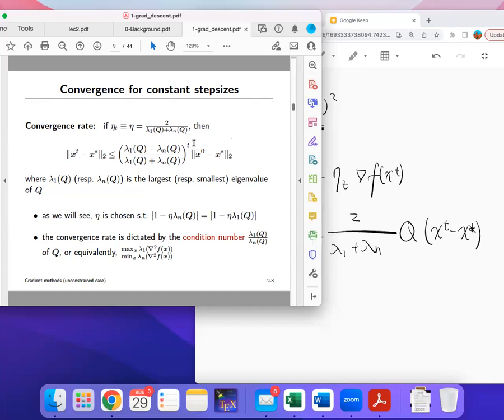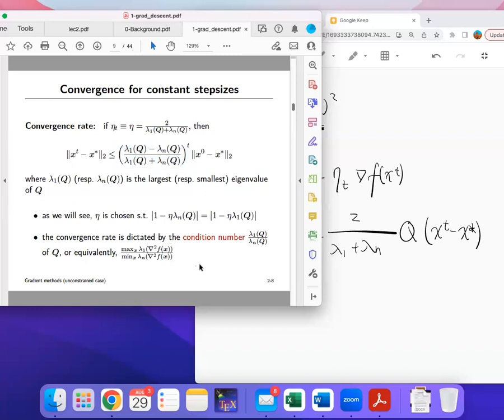Imagine, for example, that the coefficient is 1/2, then 1/2 to the power of t. If you run 100 iterations, 1/2 to the power of 100 is a very small number. That means at that time, your x t will be very, very close to x star. So this is the convergence guarantee of this algorithm.